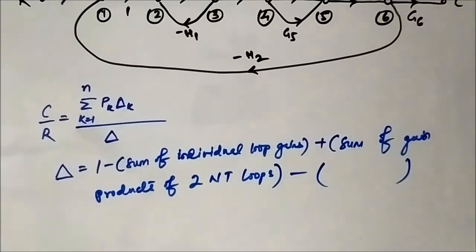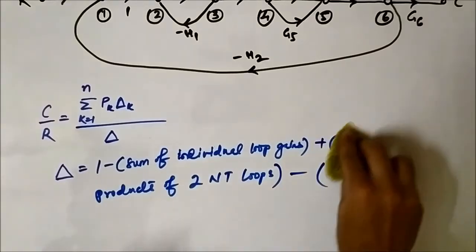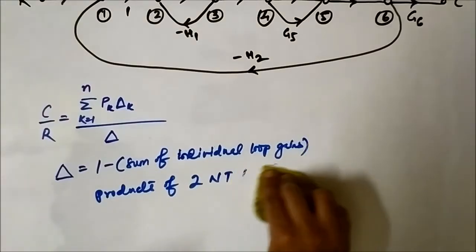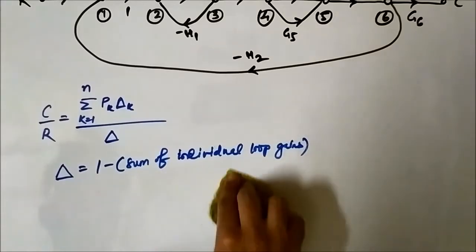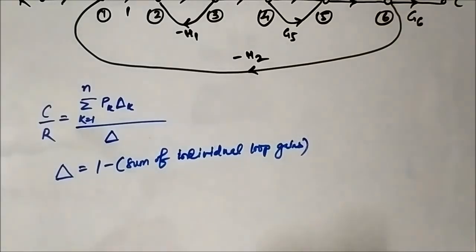So here we don't need this because there are no non-touching loops. So this part we can avoid. So 1 minus sum of the individual loop gains.